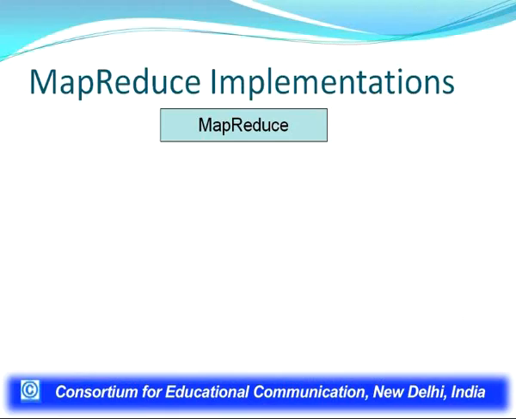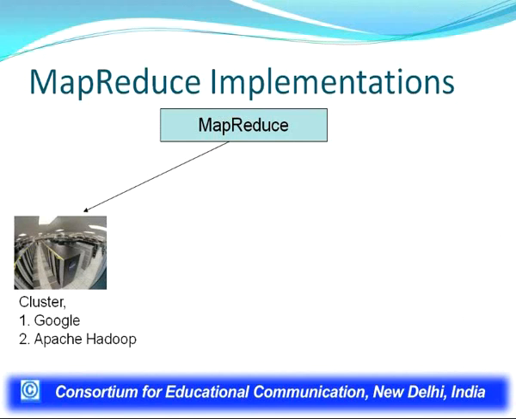Now, here you can see the map reduce implementations. Map reduce in the cluster: Google, Apache Hadoop.